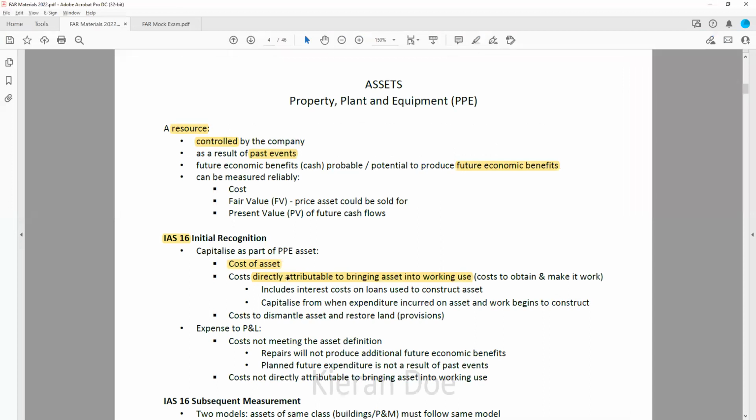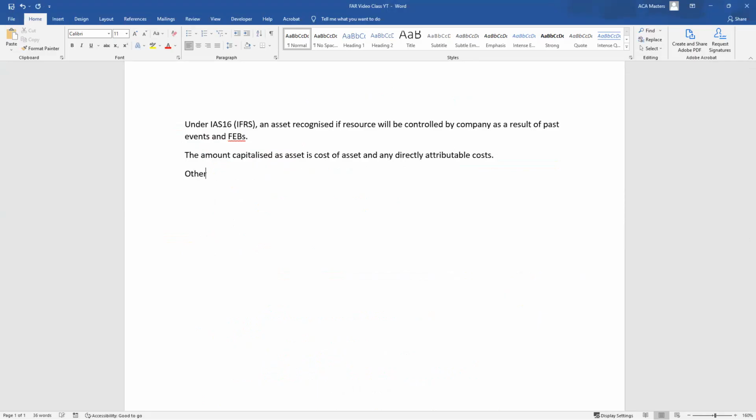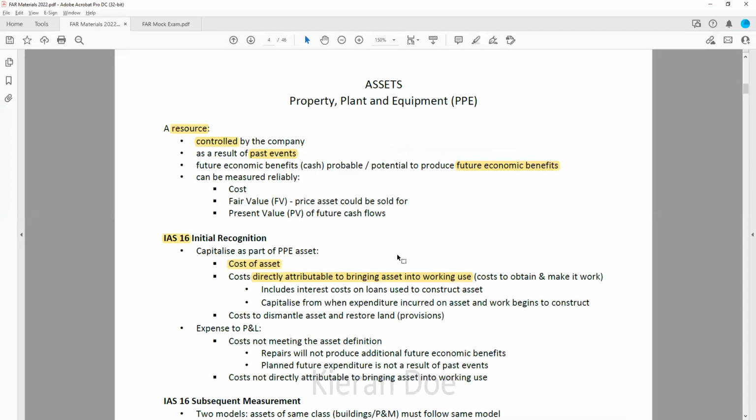That's the key principle that we're looking at. And you could say other amounts are expensed to P&L. Again, a fine abbreviation to use there. So any abbreviations you see me using will be fine to use in your exam to help you save time, as long as it's quite clear, the examiners should still give you the credit.